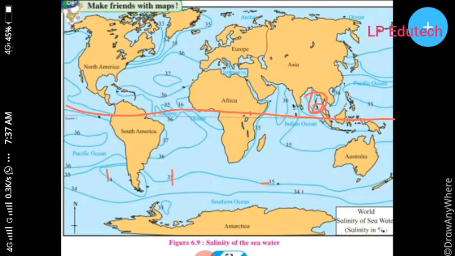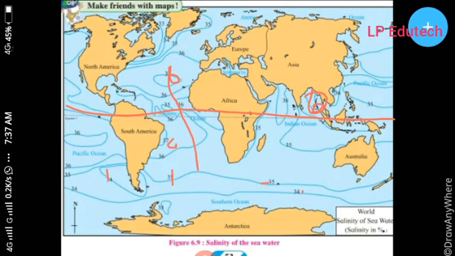Which ocean has a salinity of more than 37%? Here we see 37, 37, 37, which indicates 37. The ocean between two continents, Africa and South America, is the Atlantic Ocean.